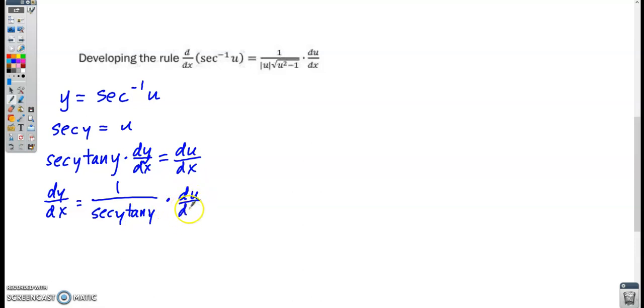Okay, now we want to have nothing but an expression of u in the denominator here, and we already know that secant of y is equal to u, so I know that I can replace this secant of y with a u, but I need to figure out what I can replace tangent of y with. So we go back to our Pythagorean identities.